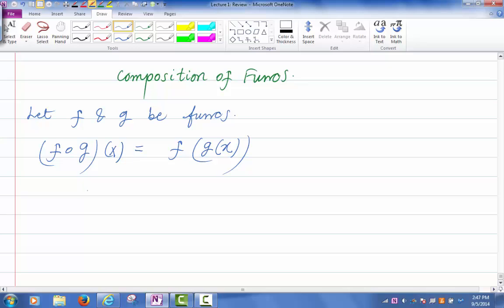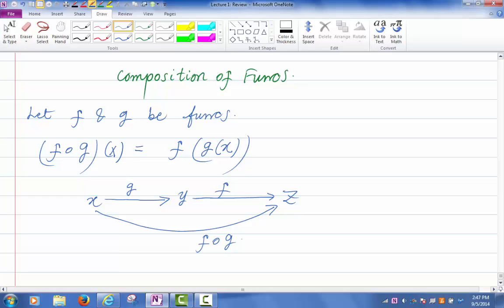So in other words, you apply g to x, you get a value y, and then you apply f to y, you get a value z, and basically the composition function is taking you from x to z. Right? The composition function f circle g is taking you from x to z.